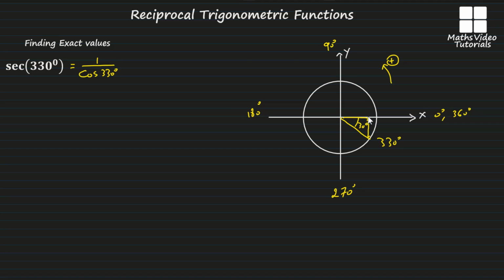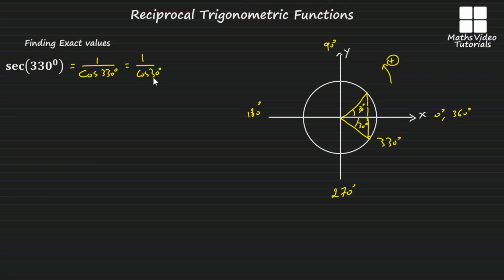And if I project it onto the other side of the circle, that angle is also 30 degrees. So cos 330 is exactly the same as cos 30 degrees.